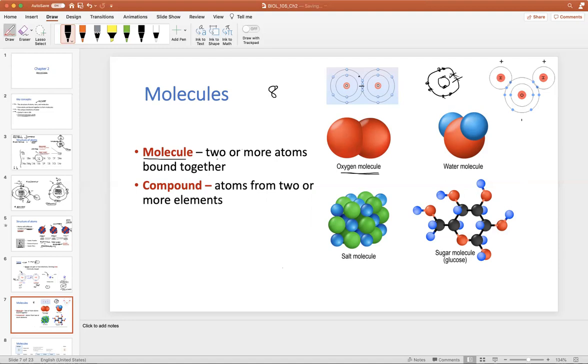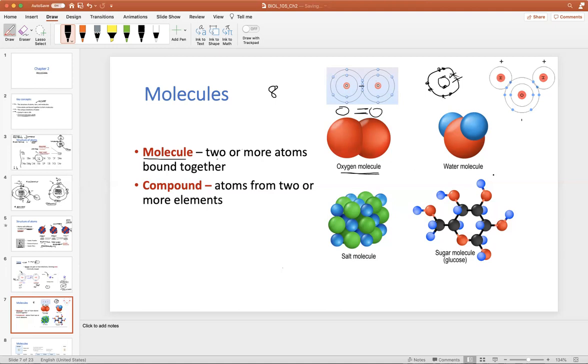This one's donated 2 and this one's donated 2, and they're sharing them in order to fill the valence shell. So now this behaves like a completely full complement of 8, and this behaves like a completely full complement of 8. This is an oxygen molecule, and it's formed a double bond. That's how we'll draw it, like that, meaning that it's got 2 different places where it's sharing in order to fill its parking spot.